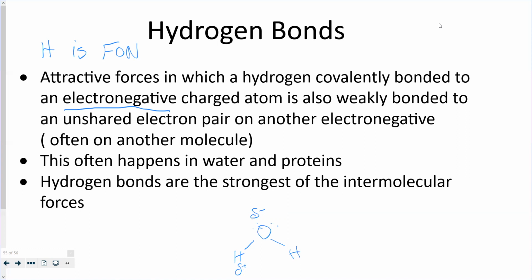So what happens is the water that is next door, that hydrogen is going to be attracted to that unshared pair of electrons on the oxygen. So this attraction is our hydrogen bond. So it's just that hydrogen, because it's positively charged because all the electrons kind of migrated towards the oxygen, is attracted to those electrons on the oxygen next door.